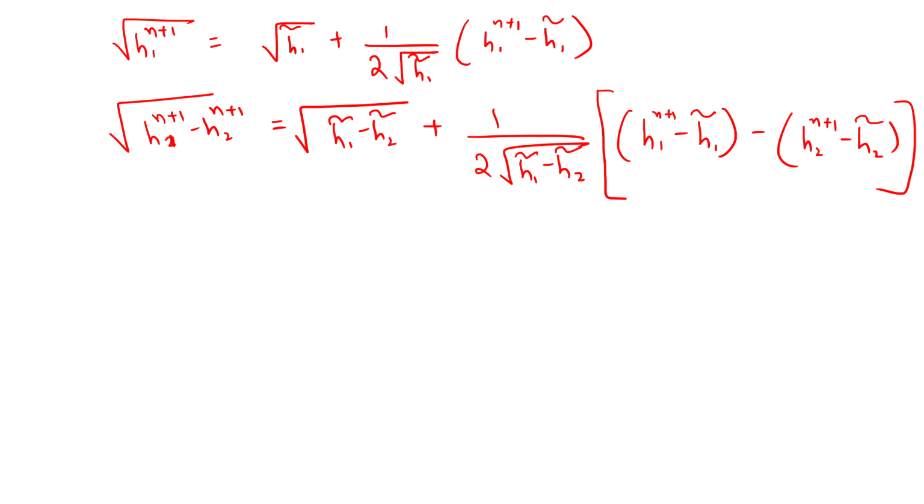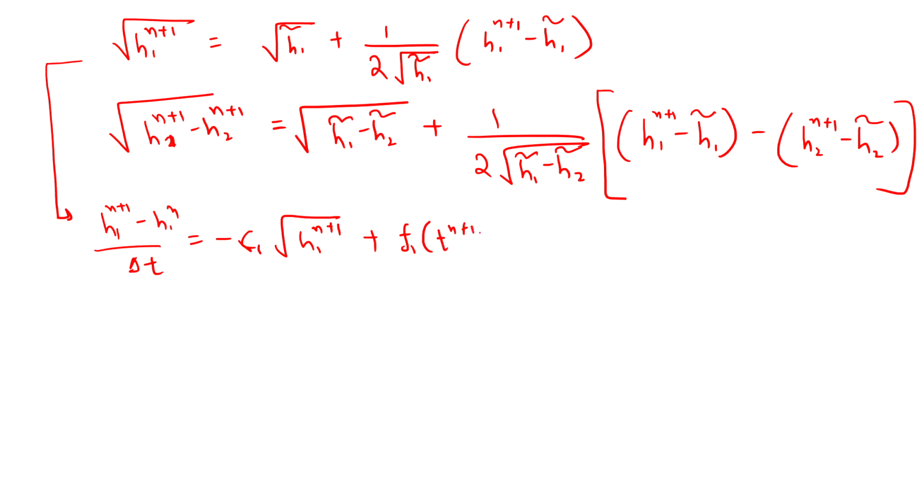So if I put the first expression in the discretized form of equation number 1, then equation 1 says that (h1^(n+1) minus h1^n) divided by delta t is equal to minus c1 root of h1^(n+1) plus f1(t^(n+1)).